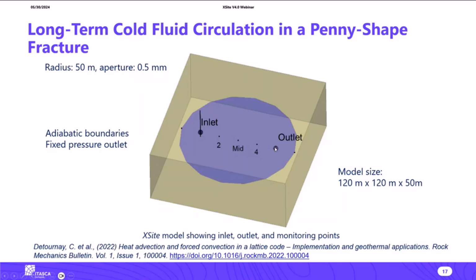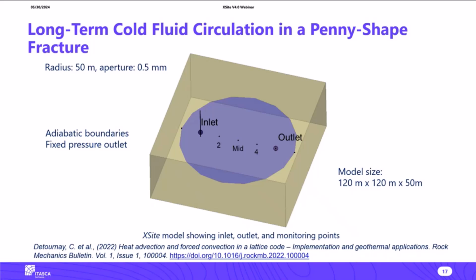We keep a zero pressure boundary condition at the outlet, and at the outlet we also record the rate of production of fluid flow, the temperature of the produced fluid, and in the end also the power and energy which are produced.